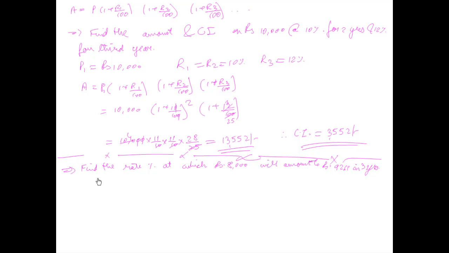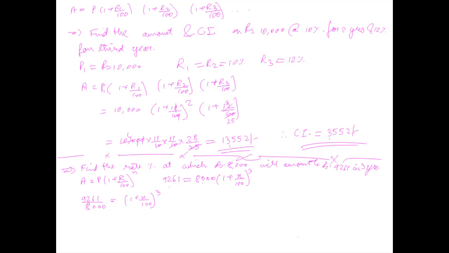So children, in a sum like this, we're just going to use the formula amount is equal to P(1 plus R upon 100) raised to power of n. Amount is 9261, principal is 8,000, x upon 100 to the power of 3. Bring the 8,000 down, children, so it's 9261 upon 8,000 is equal to (1 plus x upon 100) raised to the power of 3.